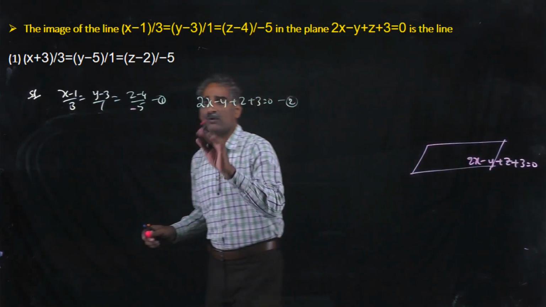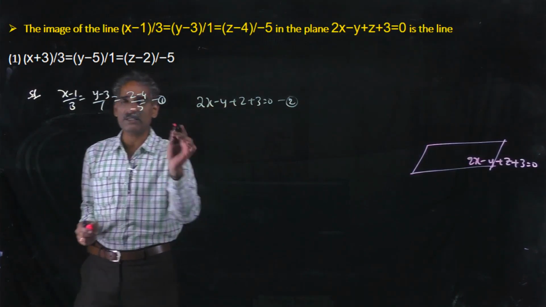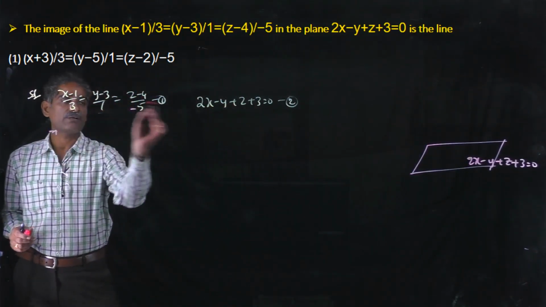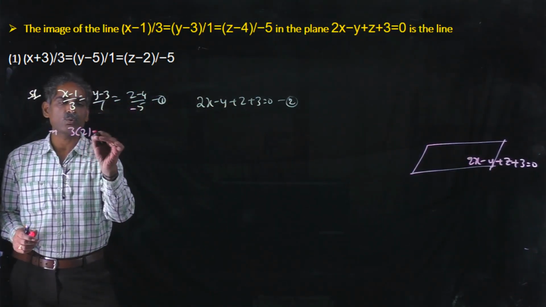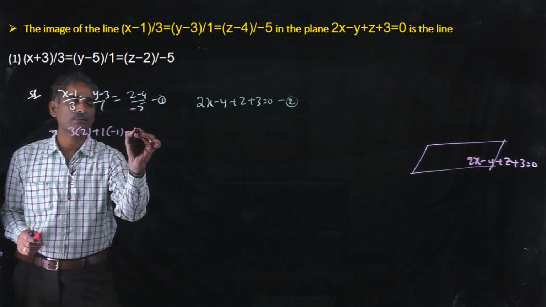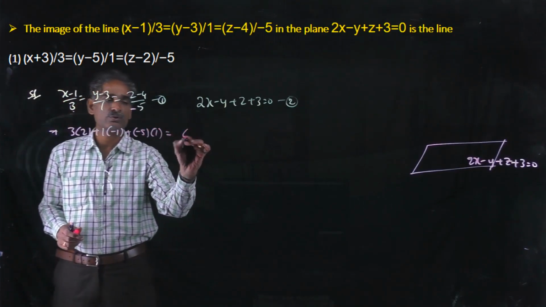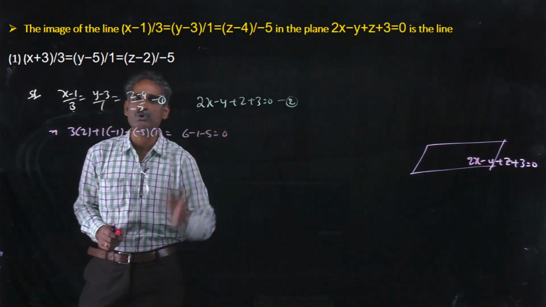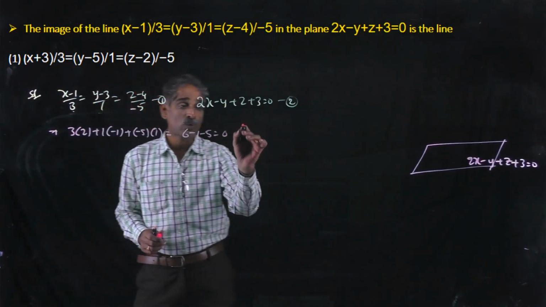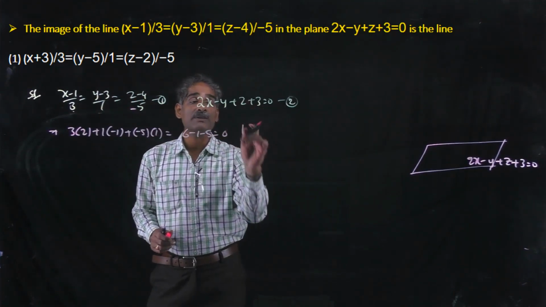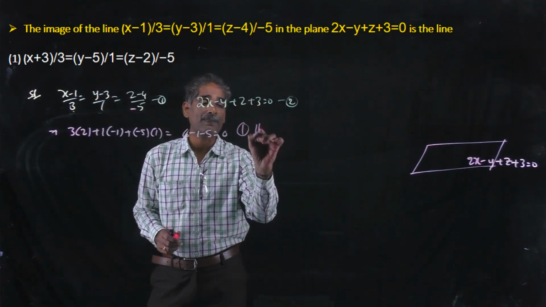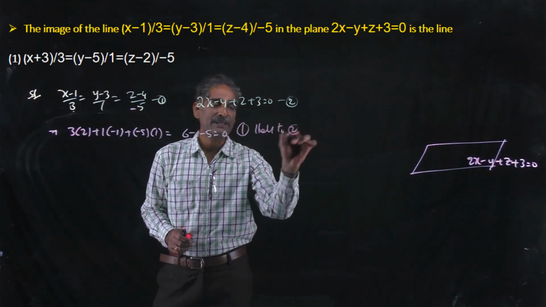So here we have to find the relation between the line and the plane. For that, a1a2: 3 into 2 plus 1 into -1 plus -5 into 1, that is equal to 6 - 1 - 5 = 0. That means the line is perpendicular to the normal of the plane, that means the line is parallel to the plane.